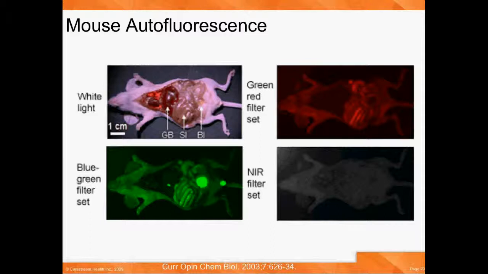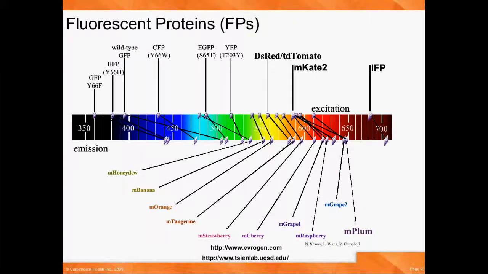What's exciting is that there have been several new fluorescent proteins reported in the literature that can be excited in the red and detected in the red or near-infrared. A very bright one from Roger Tsien's group is DsRed and tdTomato, which excites in the orange and emits in the red. mKate2 and mPlum are fluorescent proteins, mPlum from Roger Tsien's lab, mKate2 from Evrogen, that excite in the red and emit in the near-infrared.